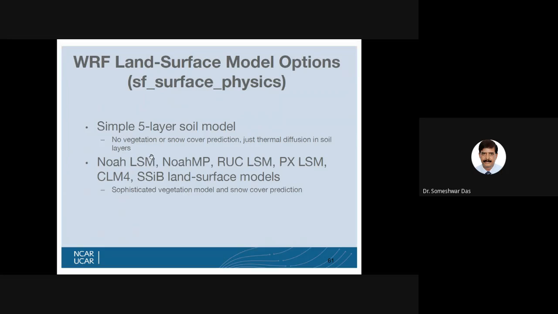As the name indicates, if you choose this option, your land surface has about 5 layers in the soil below the earth surface. There is no vegetation or snow cover prediction scheme available in this model, just thermal diffusion in soil layers. Some of the other schemes have sophisticated vegetation and snow cover prediction models.